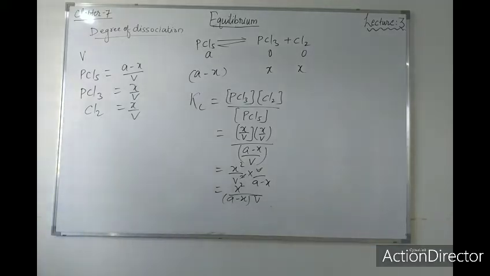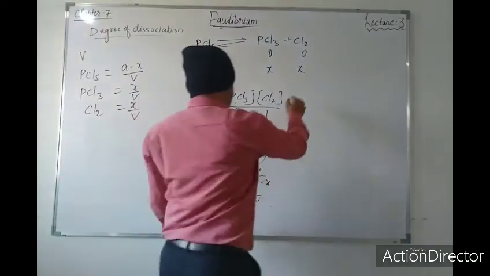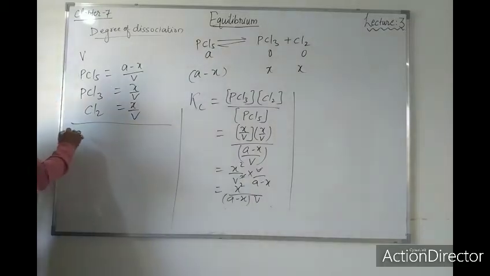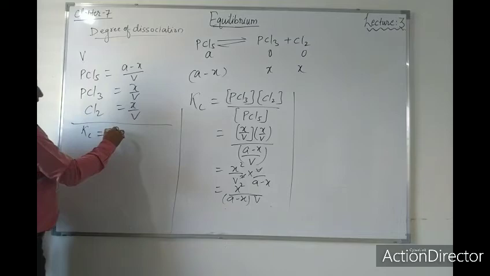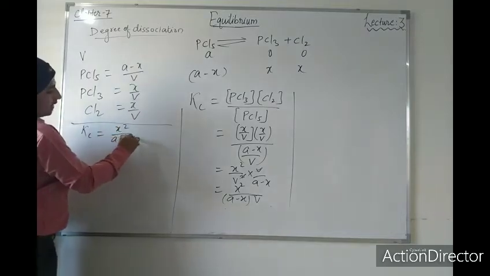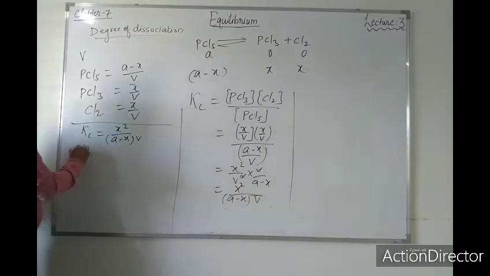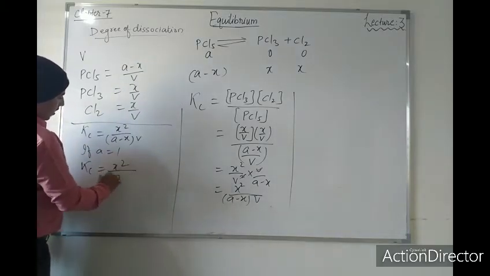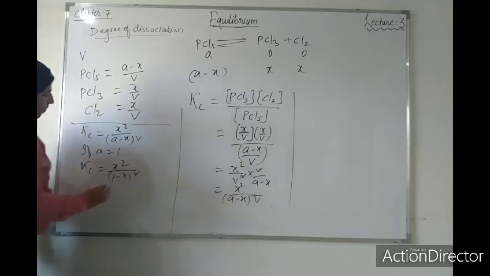Right? Now, if I talk about it, the value of a is 1. Right? Similarly, as we have done earlier, when the equilibrium constant is x square upon a minus x into V, if a is equal to 1, then the equilibrium constant is x square upon 1 minus x into V, right?